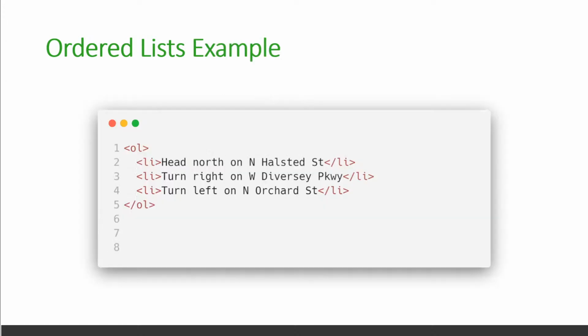Right, so we can see in an ordered list example like this one, it looks very, very similar to the type of code that we would use to create an unordered list, right? The only difference being that instead of unordered list tags, we have ordered list tags.